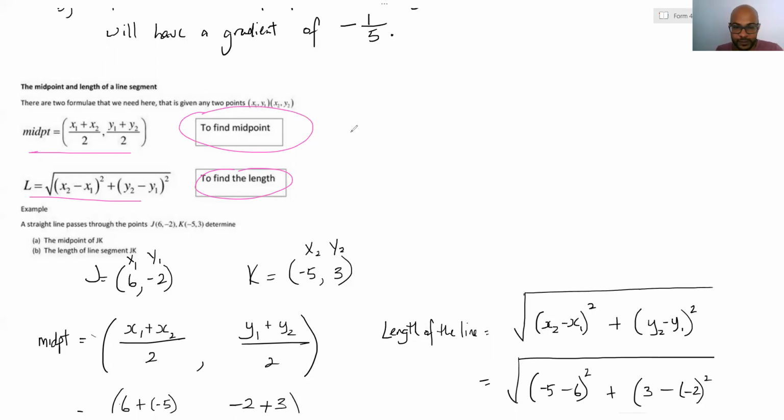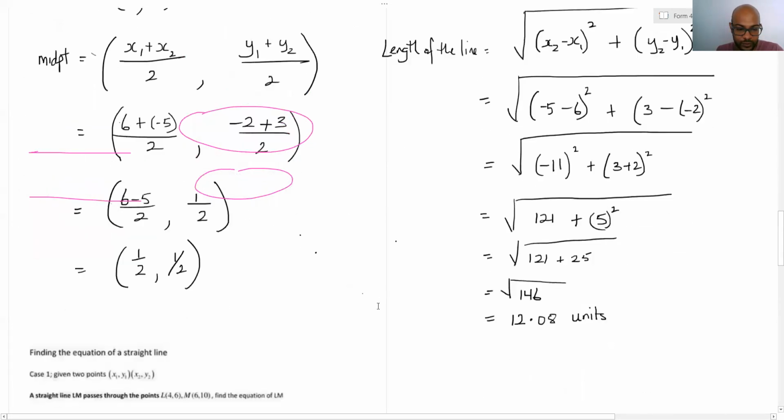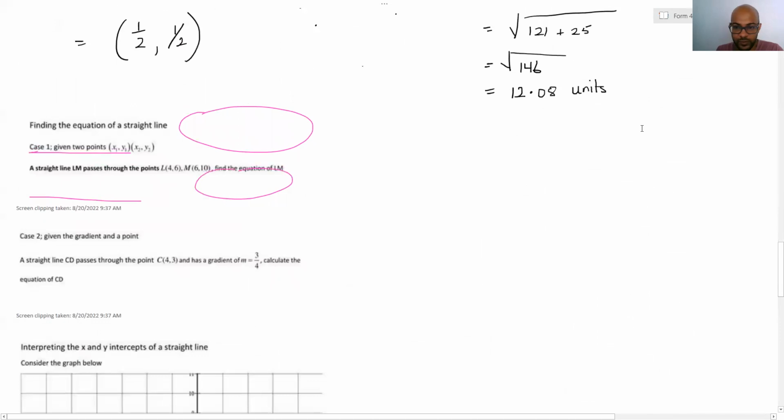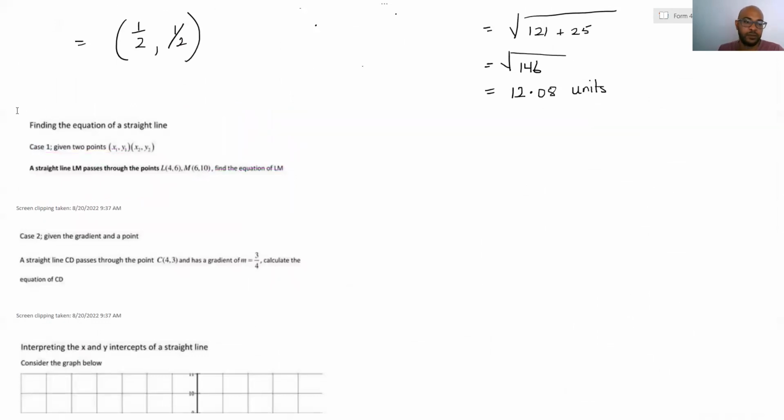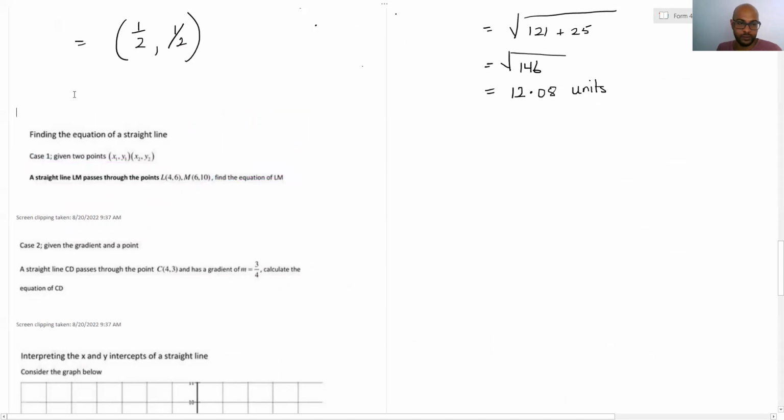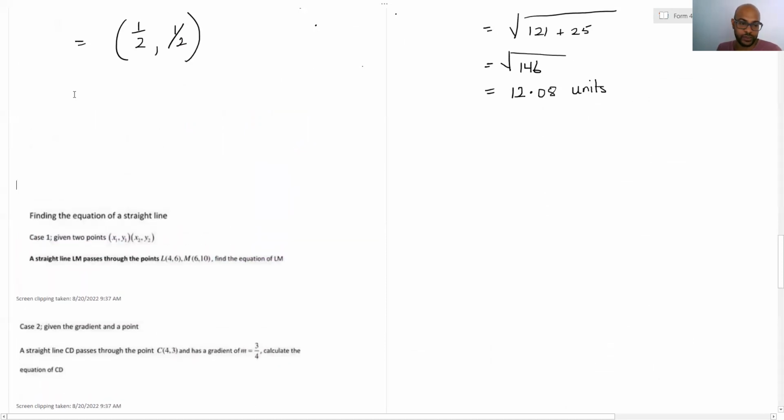All right. So I'm moving on now. I'm going to look at the equation of a straight line.